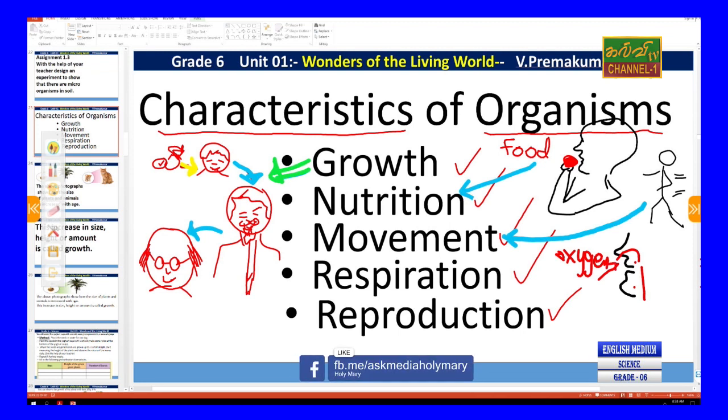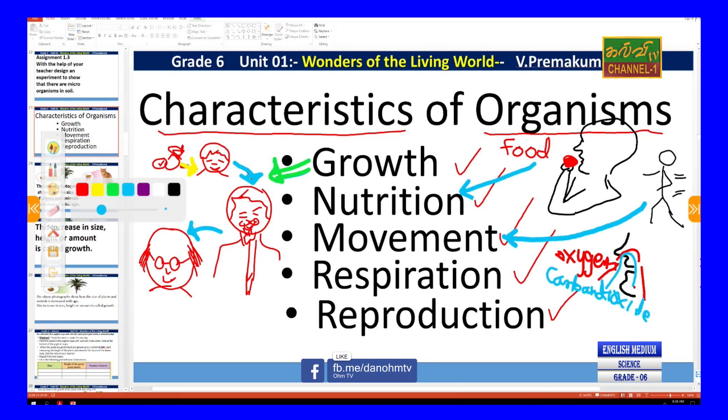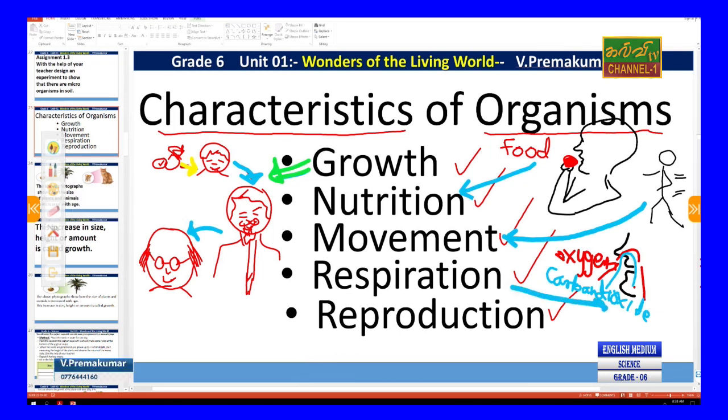Then carbon dioxide comes outside. So this is respiration, where oxygen goes in and carbon dioxide comes out.